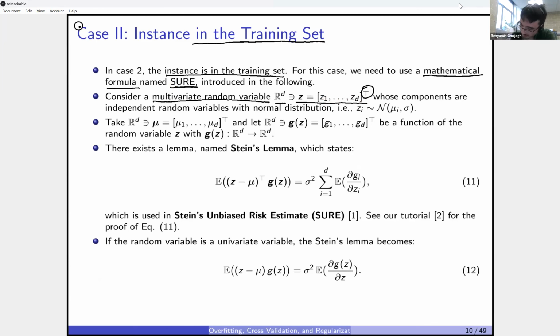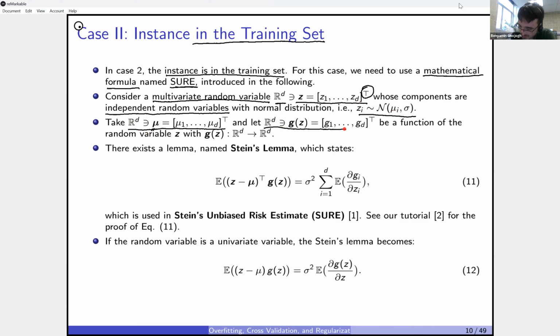D-dimensional, whose components, every component of this vector, is an independent random variable with normal distribution. So each zi has a normal distribution with mean mu i and sigma. If I put these mu i's, the means of the distributions of the zi's, next to each other, I have a vector of means, mu.